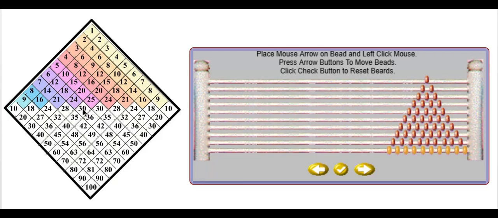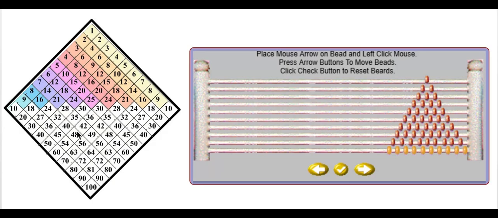The first one was this 30, and now we're going to go to 42. And we count up 1, 2, 3, 4, 5 to the 8. And then we go 6, 7, 8, 9, and we have 10 again.